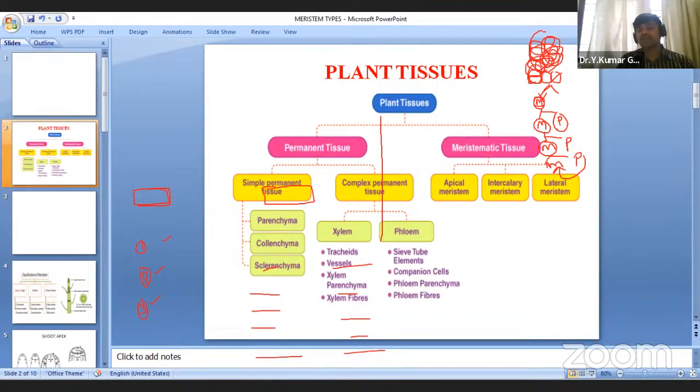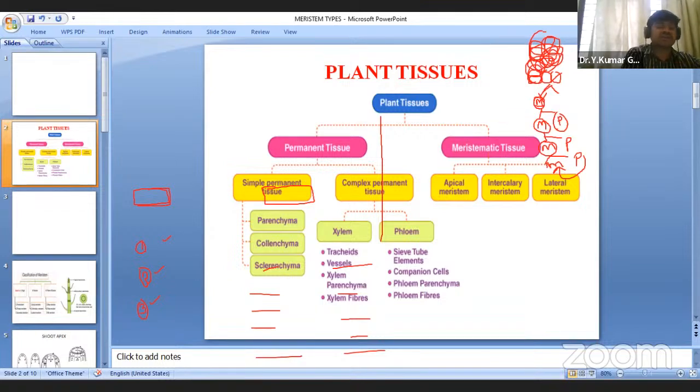First, let me complete meristematic tissue. Some characteristics of meristematic tissues are already given in our book. What are the characteristics of meristematic tissue? These meristematic tissues are very small in size.